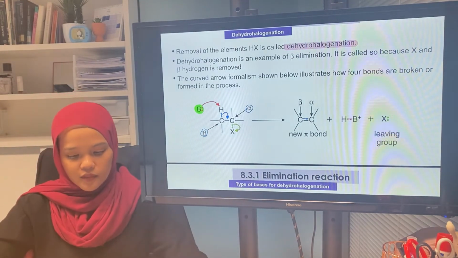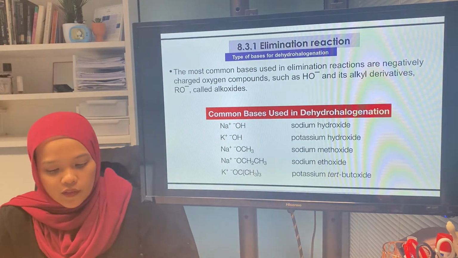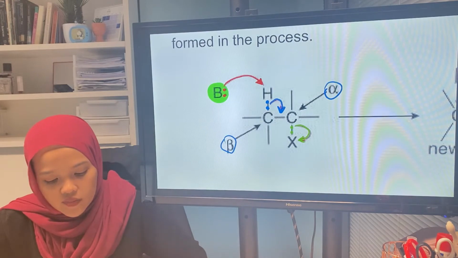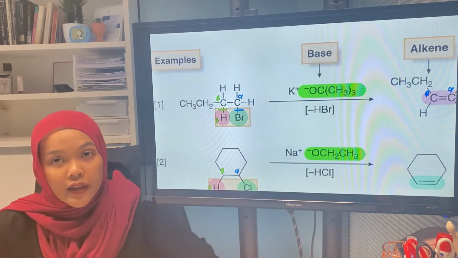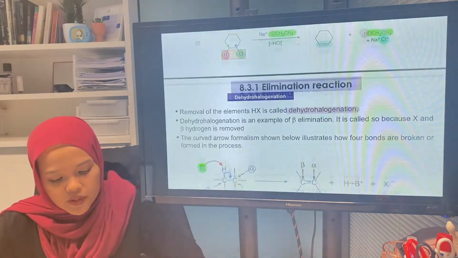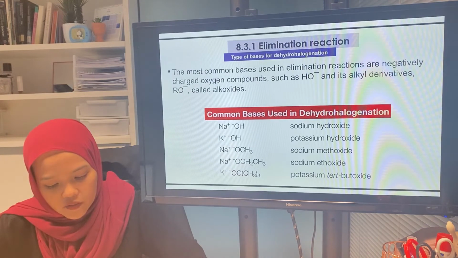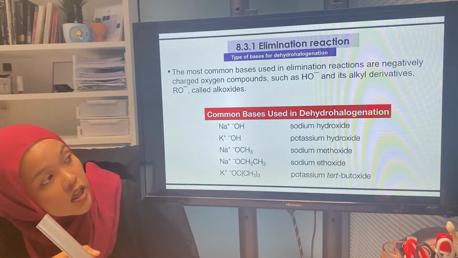Now when you talk about the bases, here are the bases. This is a base, this one is a base, this one is a base. What are the types of base that we can have? You can have different kinds of bases.